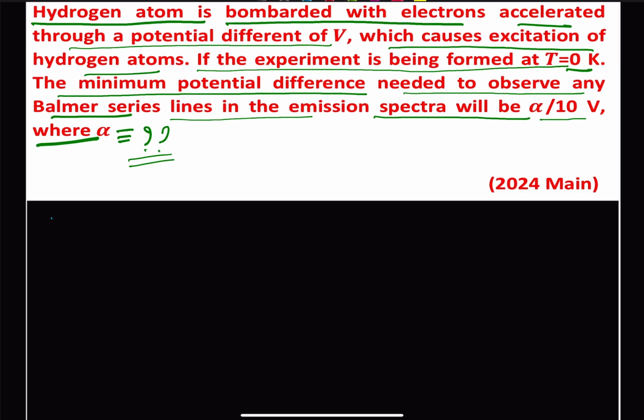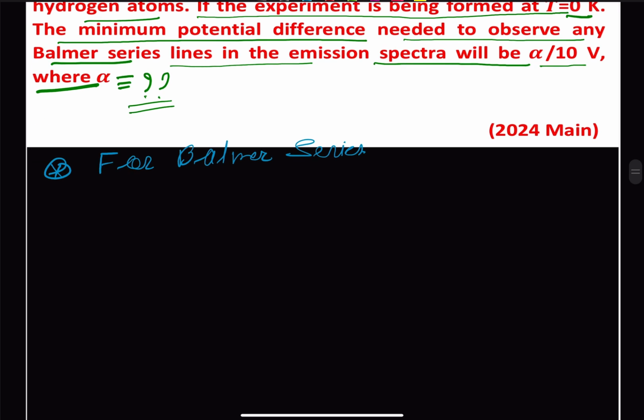So we can say that for the Balmer series, the transition ends at n is equal to 2. And the minimum excited state of the hydrogen atom for the Balmer series is n is equal to 3.